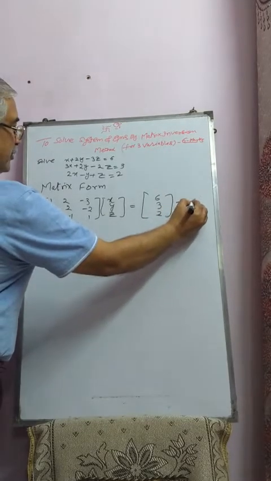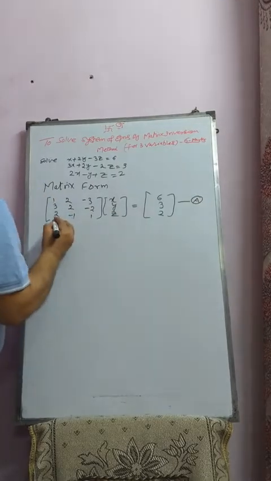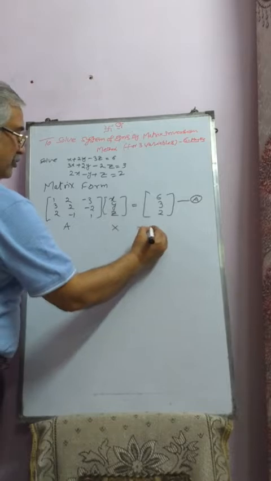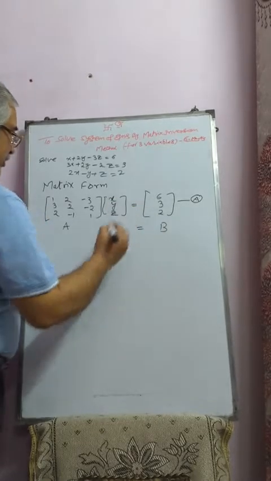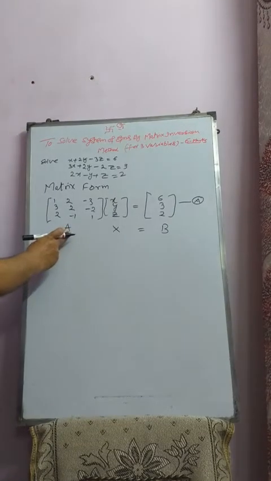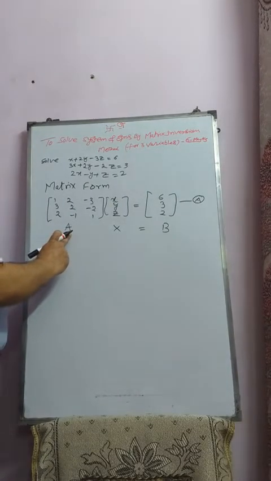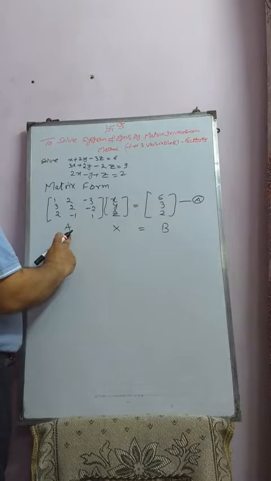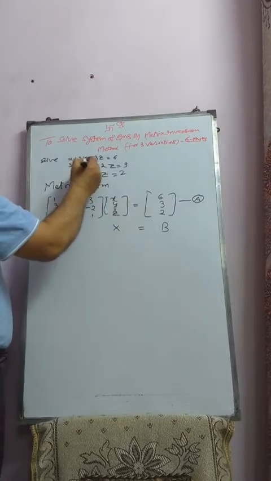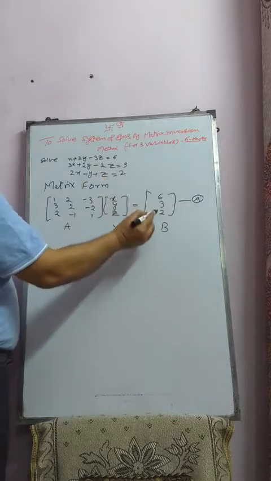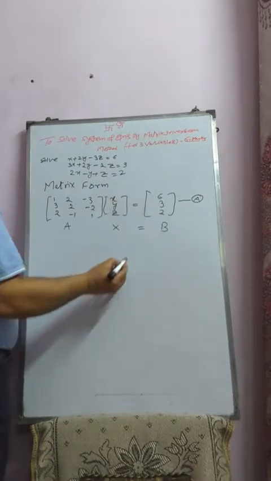This equation is of the form AX equals B, where A is called the matrix of coefficients, X is called the matrix of variables containing the three variables x, y, z, and B is called the matrix of constants.